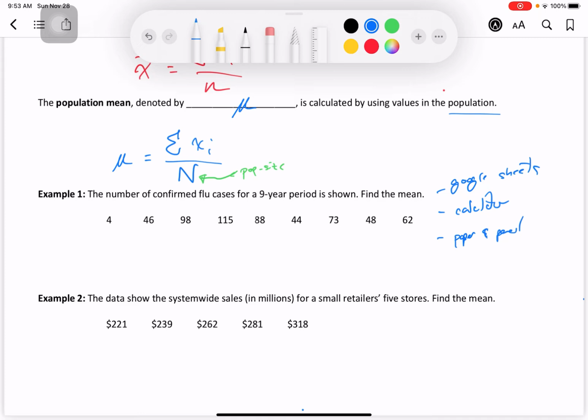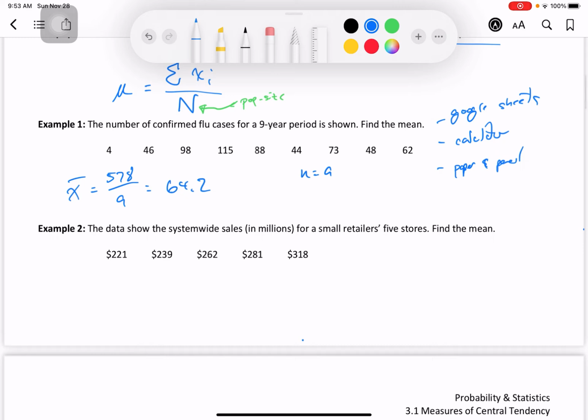And then you would enter this data in that spreadsheet and then go to OneVarStats. I'm pretty sure there's a tutorial on this on our Canvas page. Okay? But you should get x bar is equal to the sum, 578, over 9, which is 64.2. N here was, of course, 9.